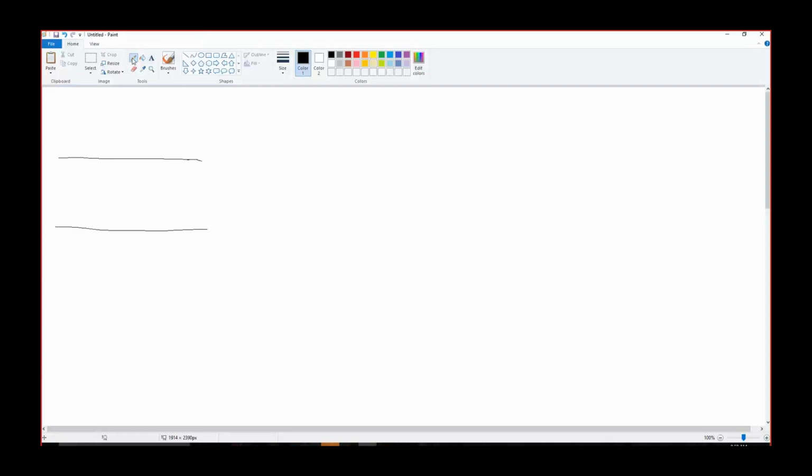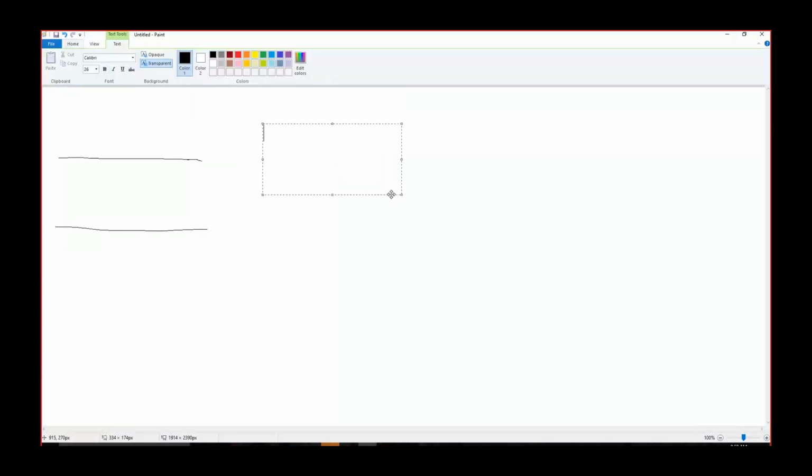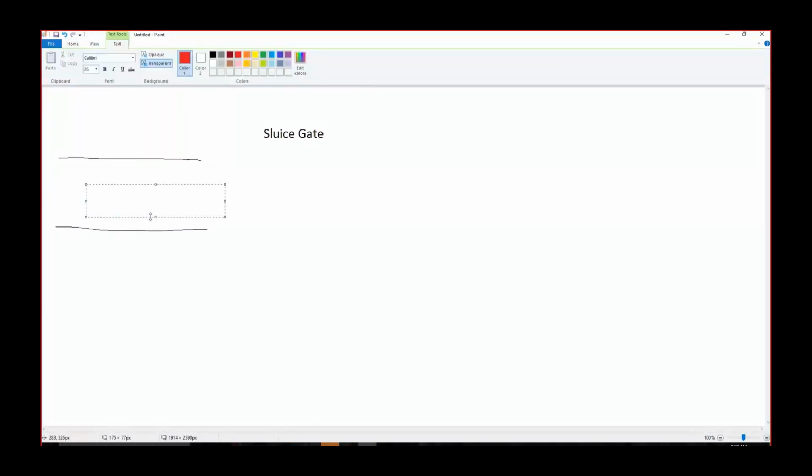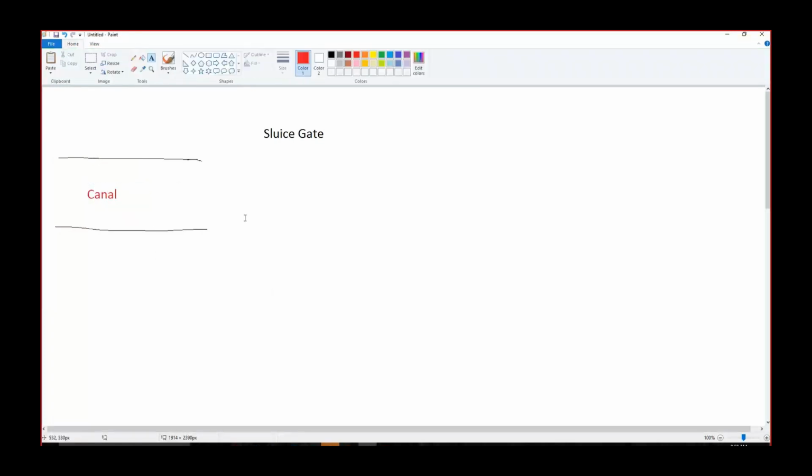For that, we have another apparatus that is called a sluice gate. A sluice gate is just a restriction to the flow of the water. Let's say water is coming at some rate in this canal. This is some river or canal. It is open and you are seeing it from the top.